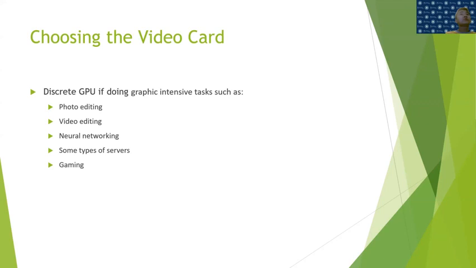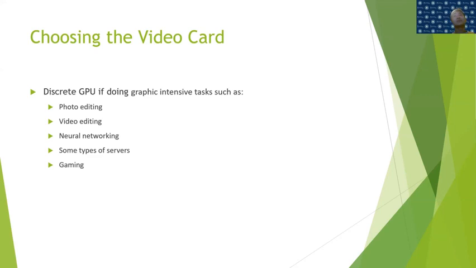Next, we're going to help choose the video card, and there are two options: you can either stick with your integrated graphics card if you have one, or you can go with a discrete graphics card. In this case, I would recommend buying a discrete graphics card if you are doing graphics-intensive tasks such as photo editing, video editing, neural networks, some types of servers, and gaming.